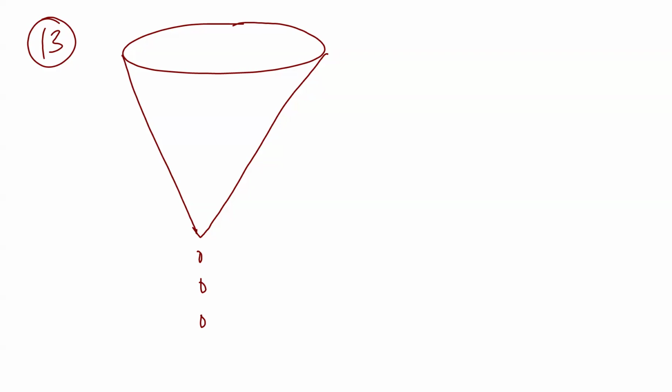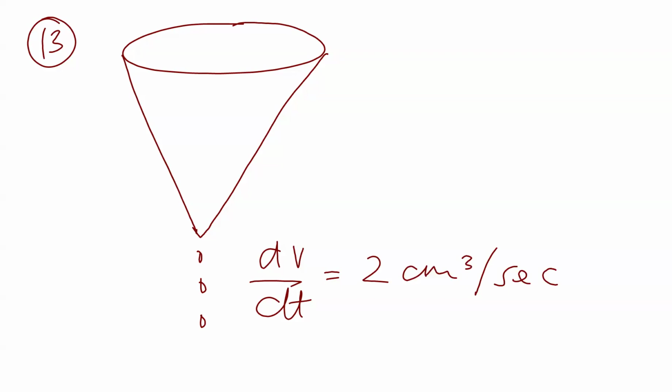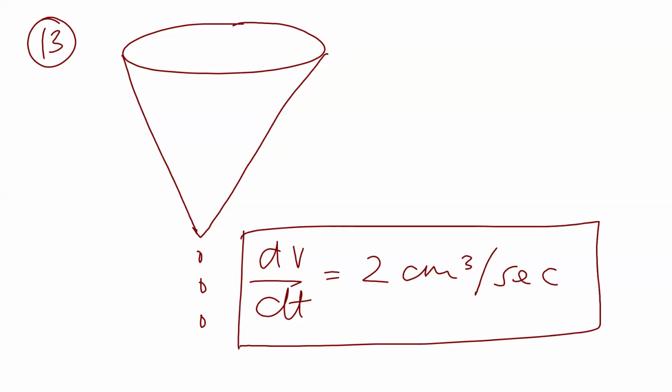So this water droplet will take the shape of the cone, instantaneously. So dv by dt is equal to 2 centimeter cube per second.